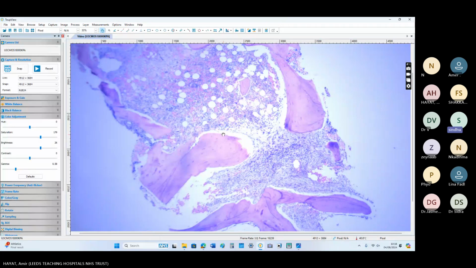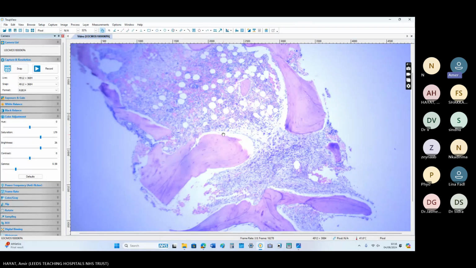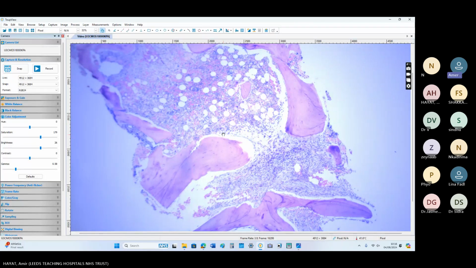Okay, anyone? Good. Okay. Yes. I can go. Yes, so this is the power 4. I can go here and there slowly, and then I will move to power 10.